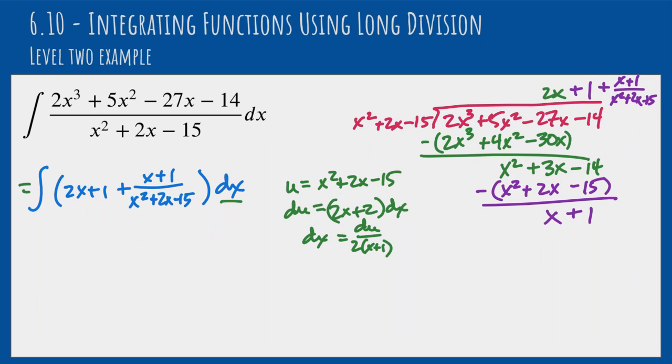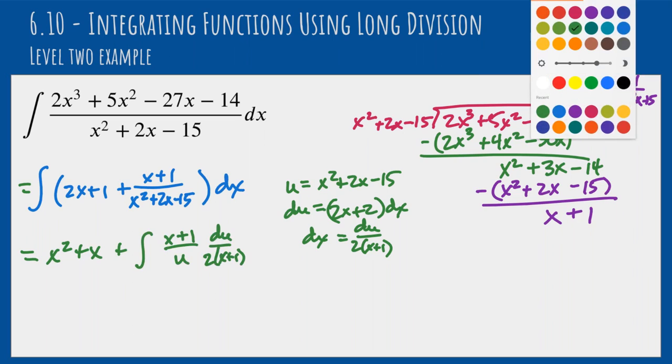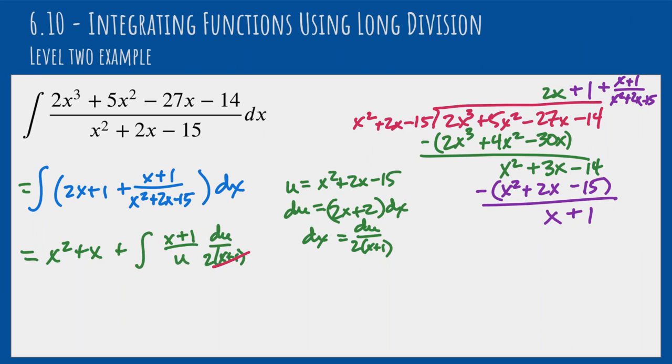And for the last term, I'm going to rewrite that in terms of u. So this is going to equal x squared plus x plus the antiderivative of x plus 1 over u times du over 2 quantity x plus 1. So those x plus 1s are going away.